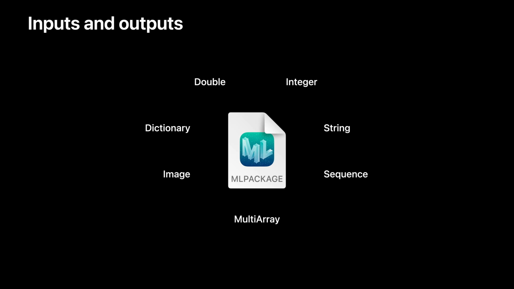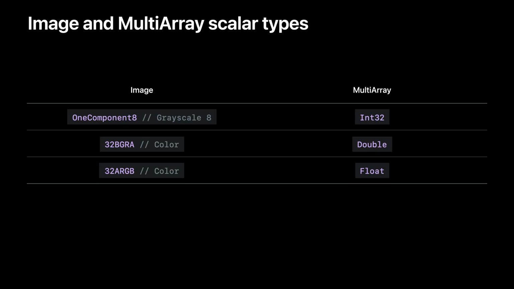For images, CoreML supports 8-bit grayscale and 32-bit color images with 8 bits per component. And for multi-dimensional arrays, CoreML supports int32, double, and float32 as the scalar types. If your app is already working with these types, it's simply a matter of connecting them to the model. However, sometimes your types may differ.